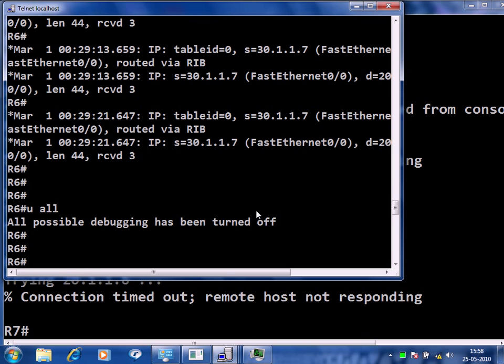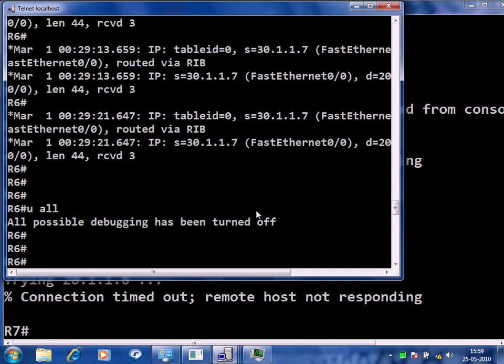Debug IP packet means it will debug every single IP packet this router is processing. Let's say this router is also participating in BGP and other routing protocols, or maybe some VPN. This will fill up your router's console screen, plus there is a high possibility that your router may get stuck.